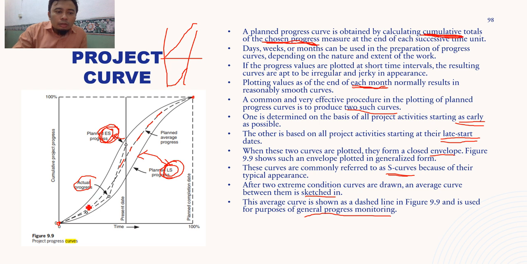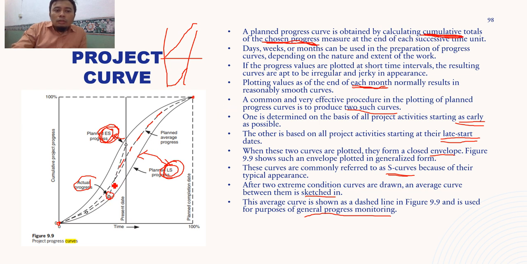If you go further than this planned late start progress, your project will be delayed, or you need to expedite the next activity. So you need to shorten the activity of the next task.